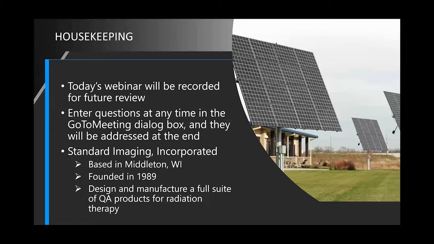We have a full suite of QA products for radiation oncology, including our PIPSpro software, our 3D water phantom, our 1D water phantom, a number of different phantoms for different functionalities, as well as our line of electrometers and our line of X-ray and ion chambers. So we're definitely a full suite, full functioning, complete integrated solution packages for your QA needs.